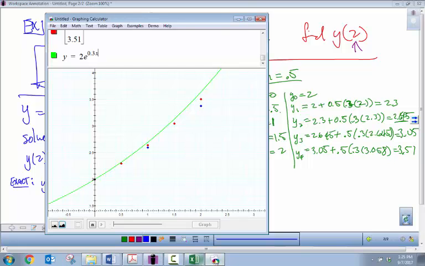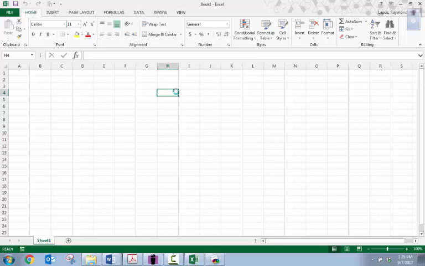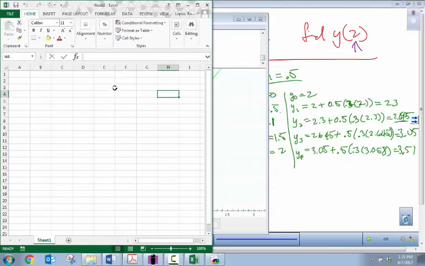Now let's actually try to do this in Excel. Let's start off with our x values.